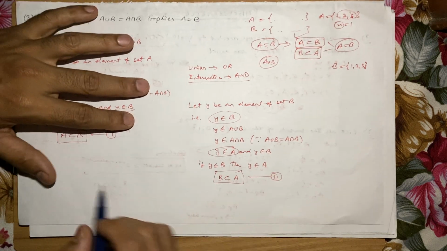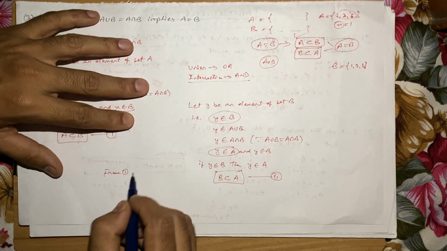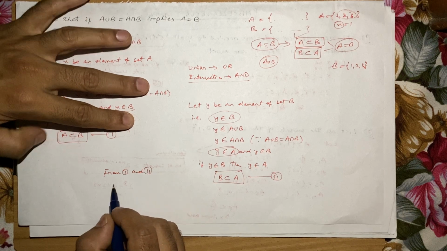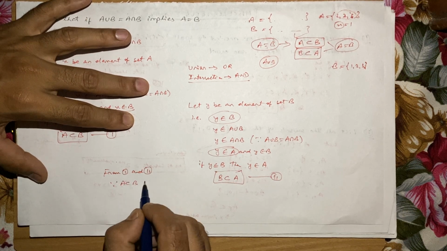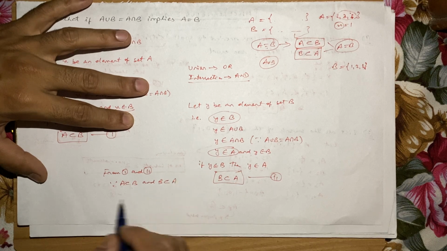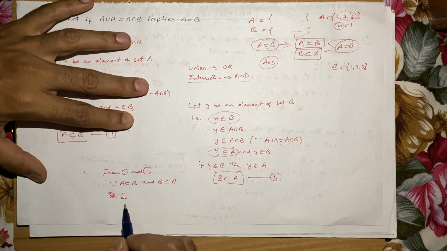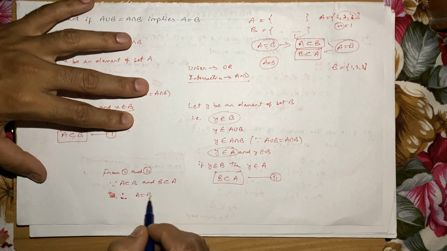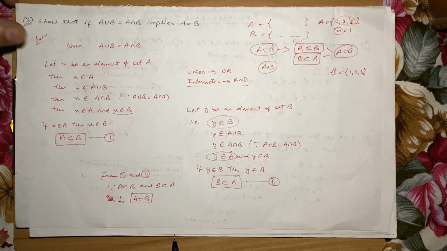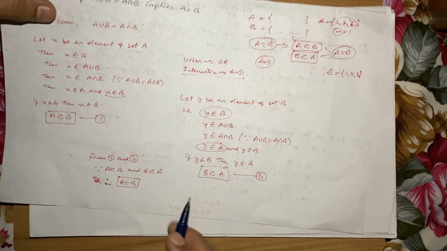This is equation 2. So from 1 and 2, since A is a subset of B and B is also a subset of A, therefore A is equal to B. This is what I can prove.